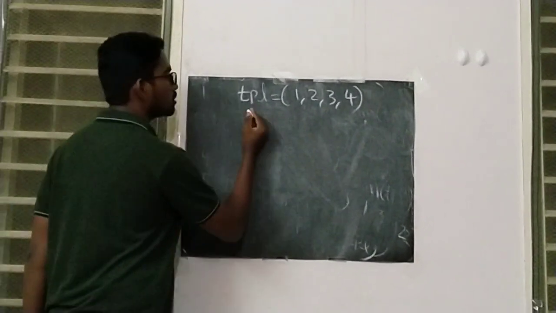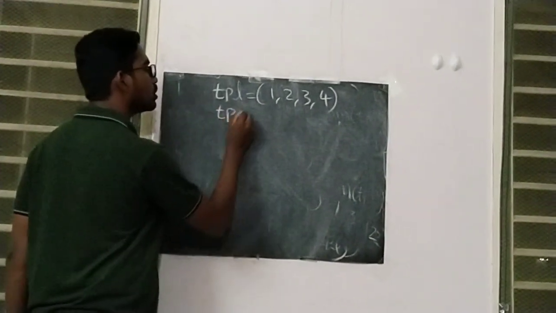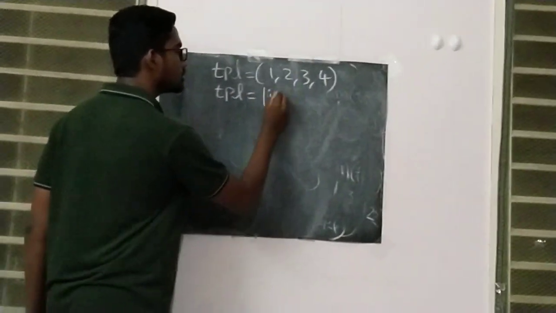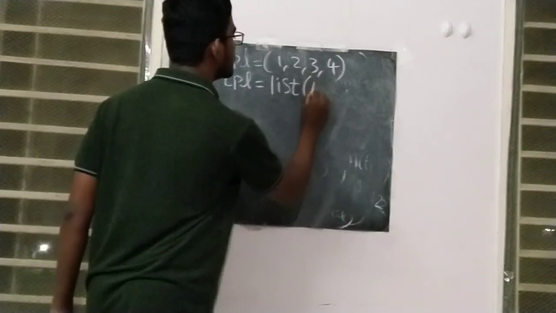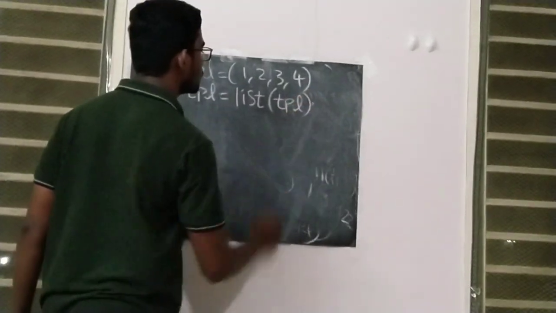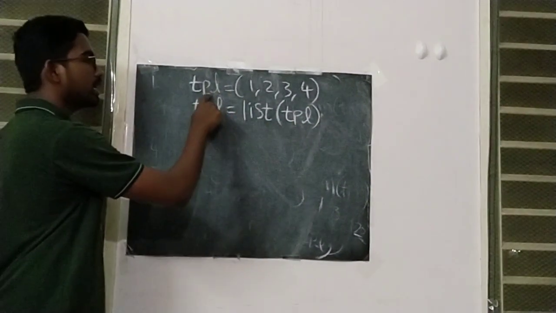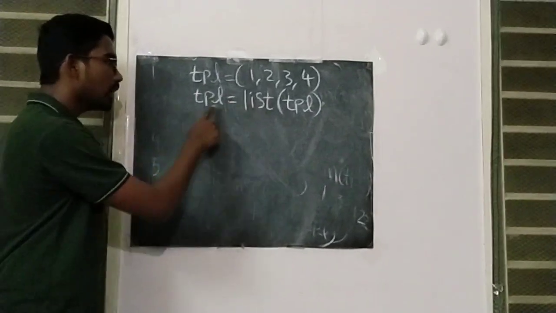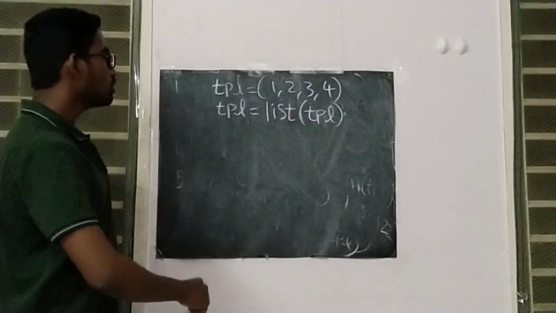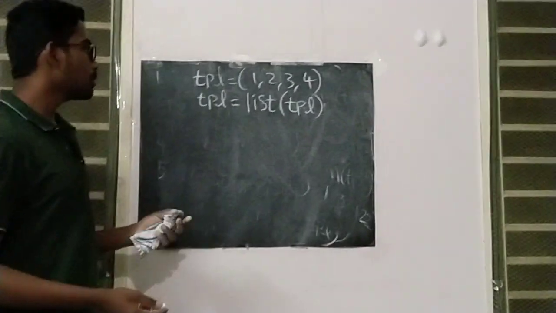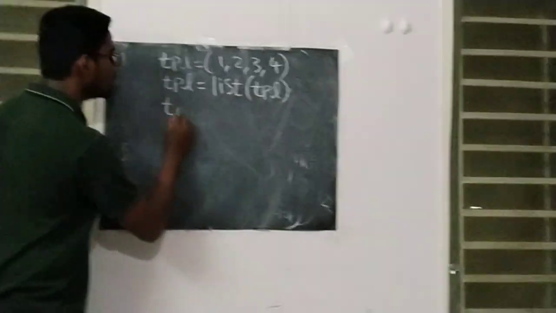How? TPL is equal to list of TPL. Now the tuple TPL is converted into a list and assigned to TPL. So we can perform the operations by simply replacing.